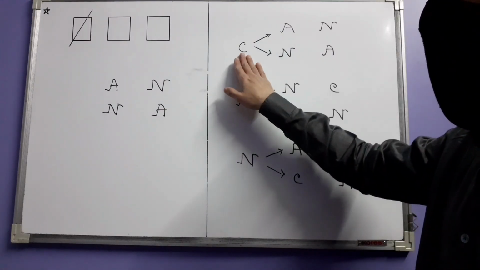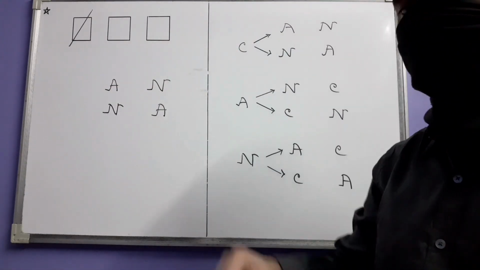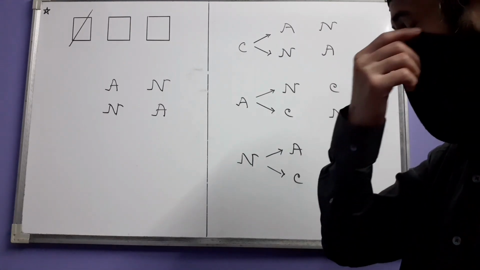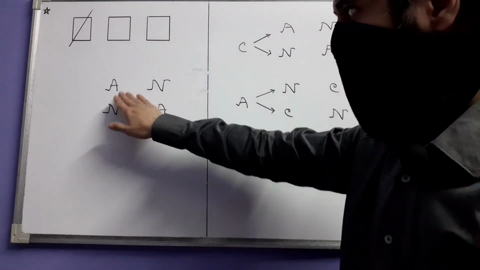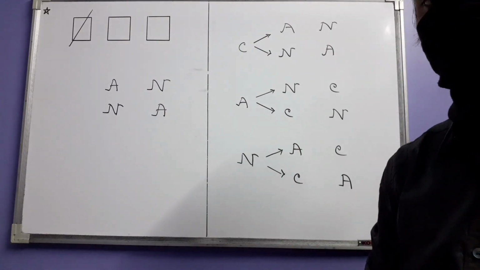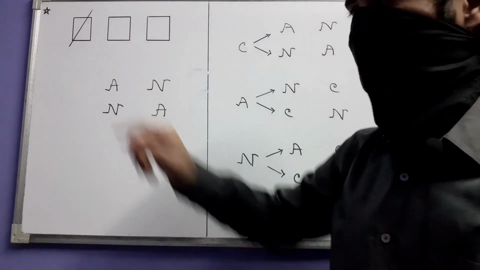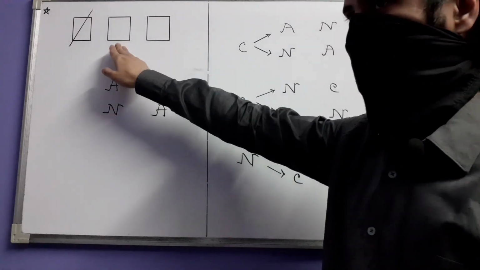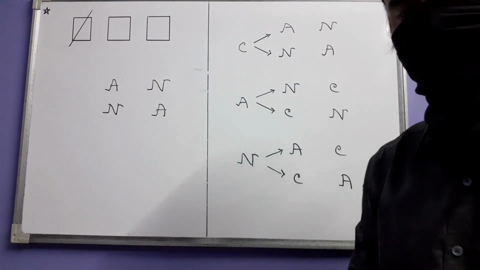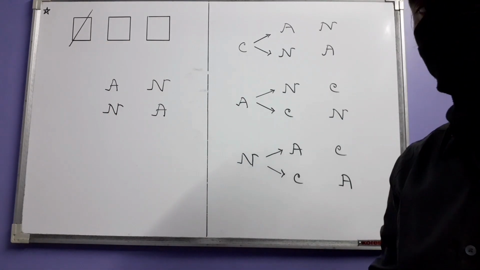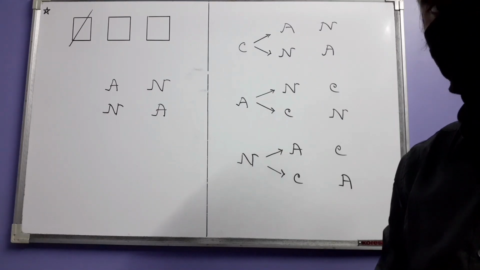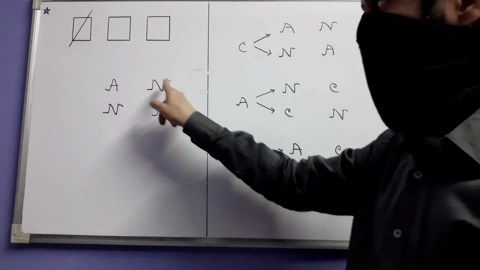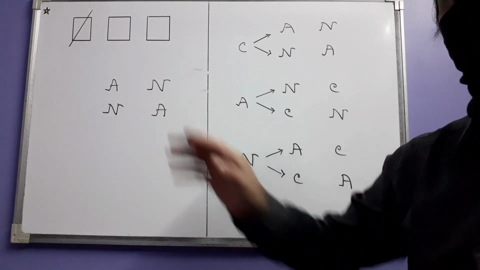Say you have chosen C for the first box. So C is gone and the first box is also filled. Now you are left with 2 letters A and N. Using them you can fill the second box in how many ways? 2 ways. Either you put A in the second box or N. But again, because repetition of letters is not allowed, once you have chosen, for example, A for the second box, you are left with only one more letter for the third box.